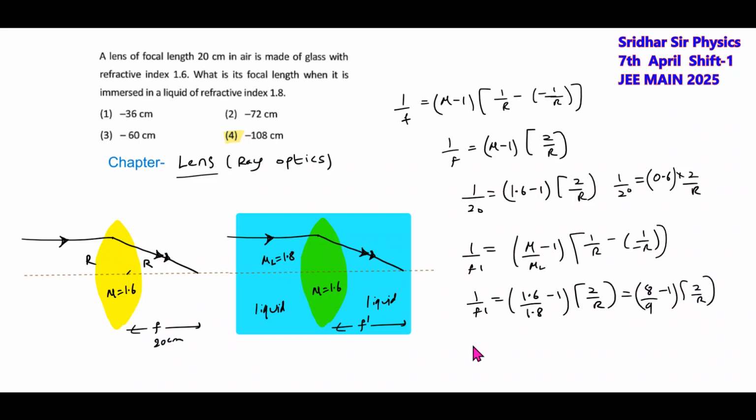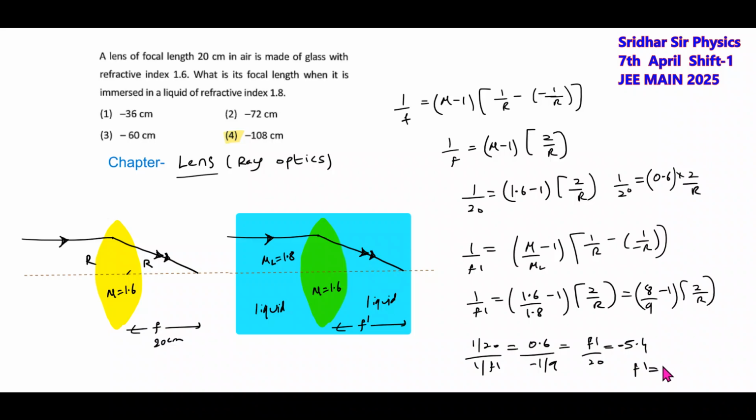Dividing these two, 1 by 20 by 1 by f dash should be equal to 0.6 minus 1 by 9. Okay, this will become f dash by 20, 9, 5.4.